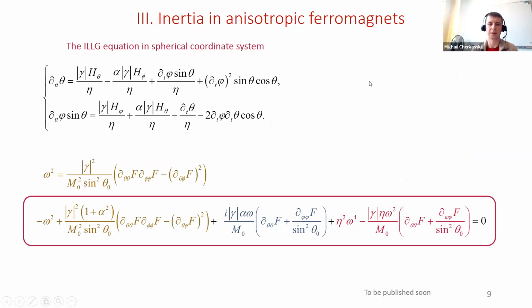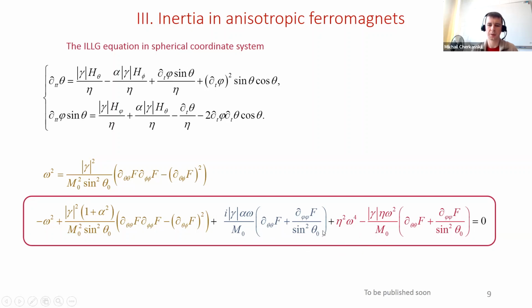Now let me discuss inertia in anisotropic ferromagnets. In order to do it, we rewrote our LLG equation in the spherical coordinate system. We found this relation between eigenfrequencies of ferromagnets and free energy density. One can see that here we have these blue and red terms, which are basically the line width and inertial effects.